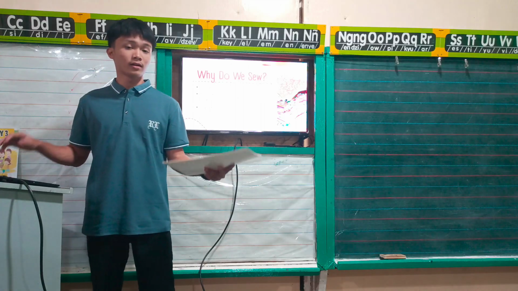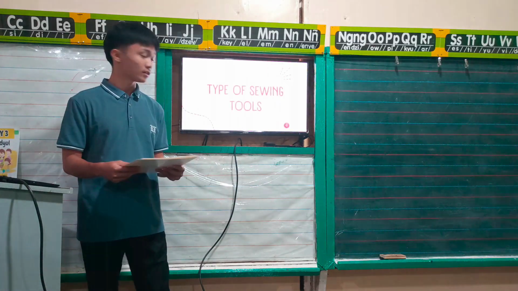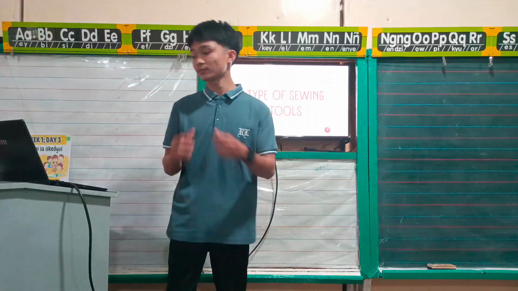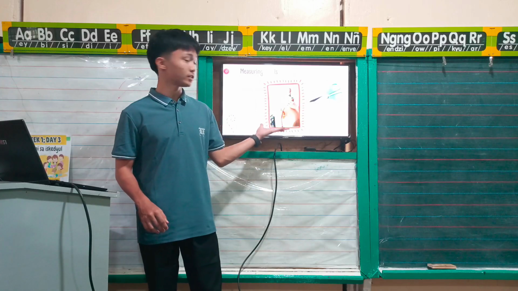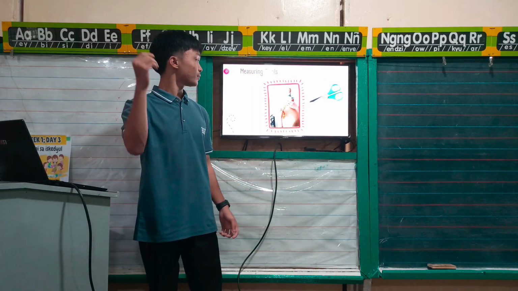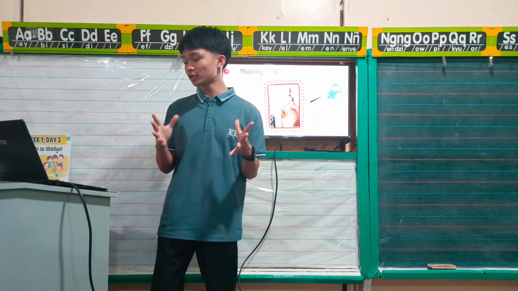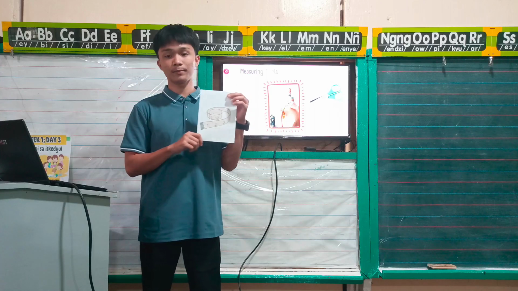So I'm going to show you the types of sewing tools. The first type is measuring tools. Can you explain what a measuring tool is? Yes, Jonathan. Measuring tools are to measure, like a tape measure or a ruler.